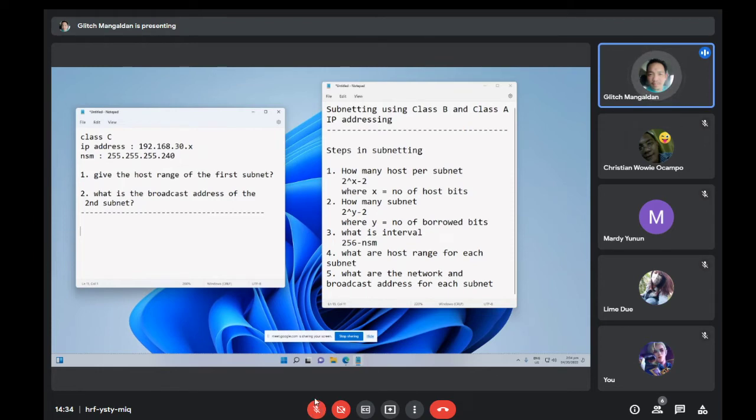How can we solve this question using these five steps? And this given. Take note, the given is the new subnet mask of 255.255.255.240. How do we get the answer for these two questions? Any idea?